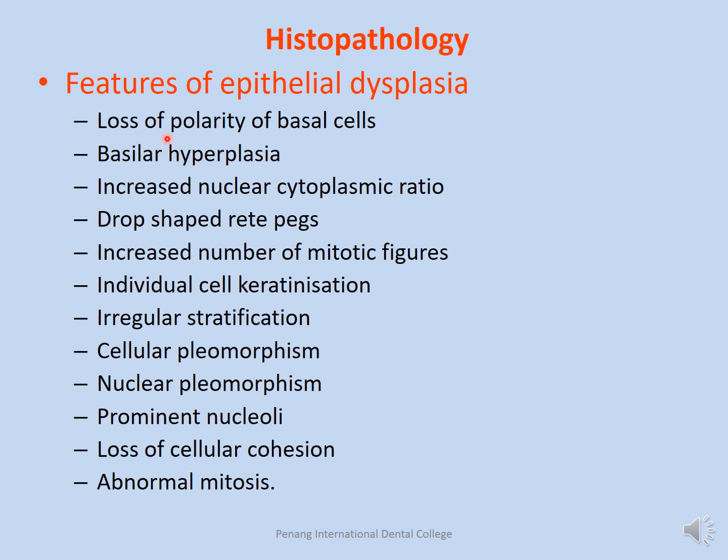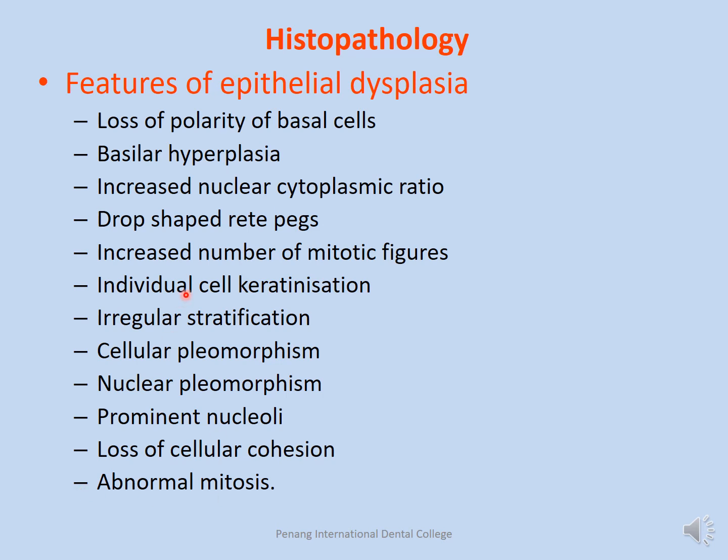Number one is loss of polarity of basal cells. Number two is basilar hyperplasia. Number three is increased nuclear cytoplasmic ratio. Number four is drop-shaped rete ridges, increased number of mitotic figures, individual cell keratinization, irregular stratification, cellular pleomorphism, nuclear pleomorphism, prominent nucleoli, loss of cellular cohesion, and abnormal mitosis.